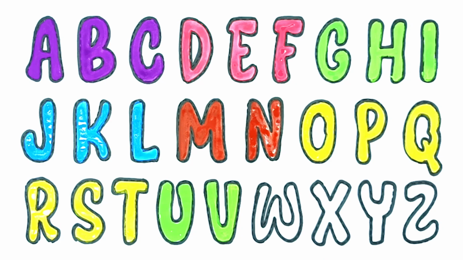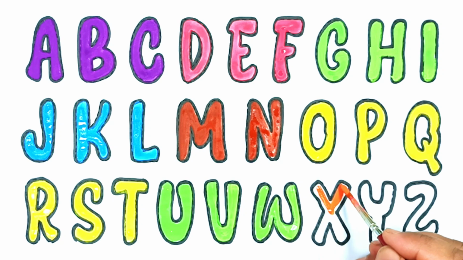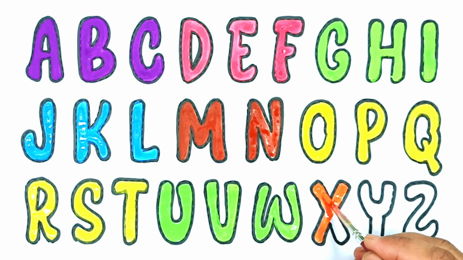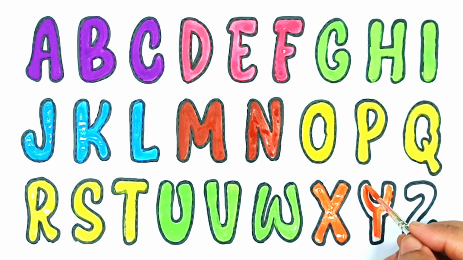V for van. W for watch. X for xylophone. Y for yacht.